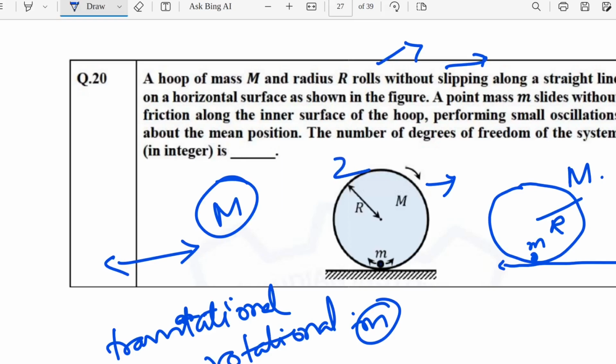As the motions are totally purely rotational as well as translational, rotational is for capital M, translational is for small m. So by the knowledge of the nature of that system, the nature of the particles' movement, we can tell that the number of degrees of freedom for the whole system is 2. One is coming from translational motion, I am just going to write here a little bit.